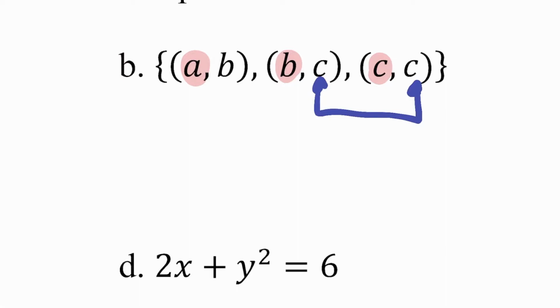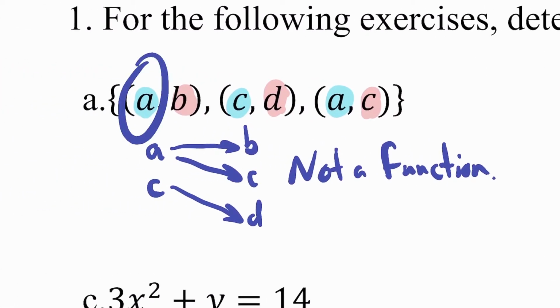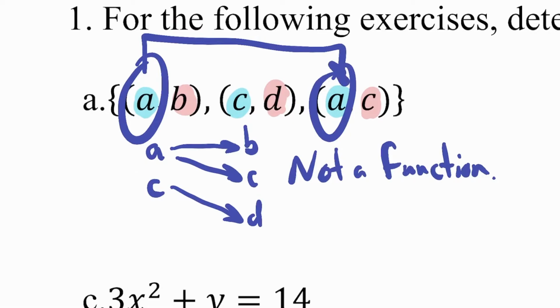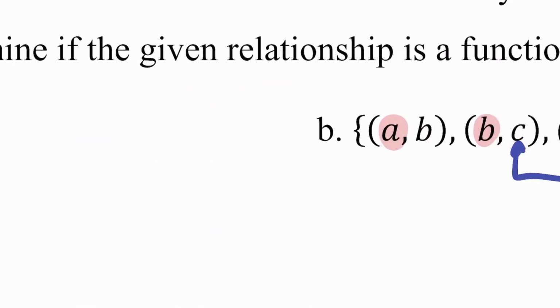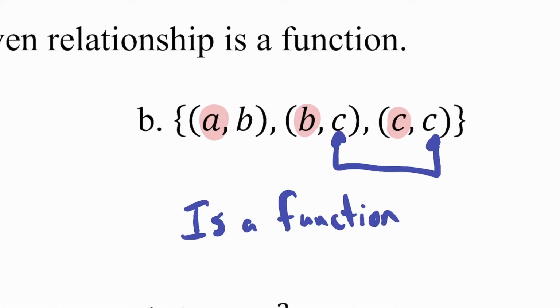To have a function, you can't have repeated inputs in your list giving different outputs, like this one over here in A. A appears twice as an input, and it has a different output each time, B and C respectively. That's why this is not a function. Over here, the inputs each appear once, and although an output is repeated, that's okay. So yes, this is a function. I'll just write is a function. And all I'm doing is checking that none of the inputs has two outputs attached to it.